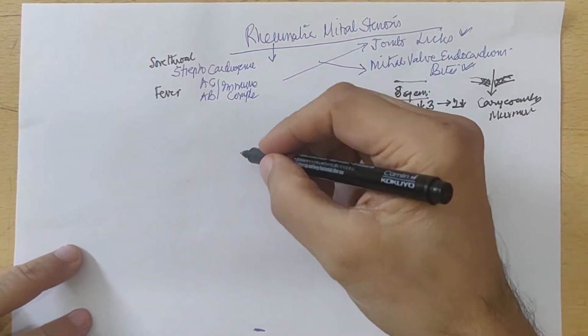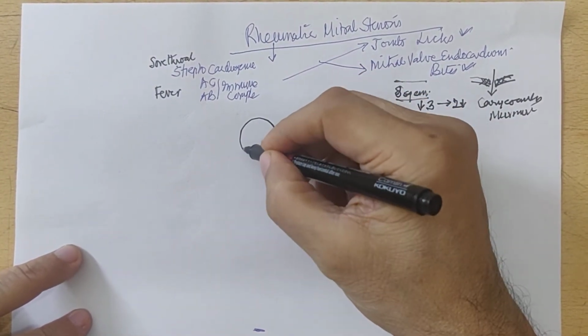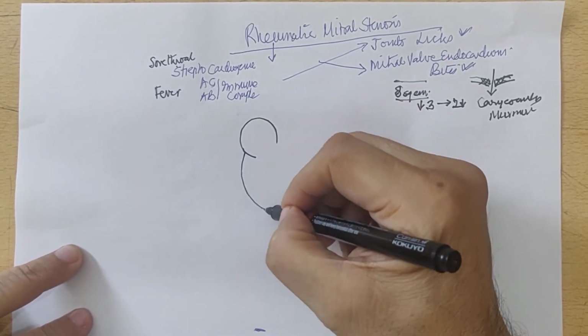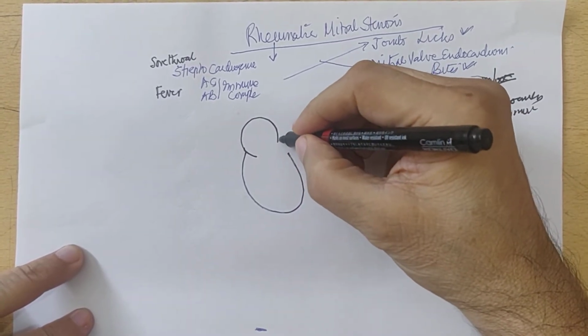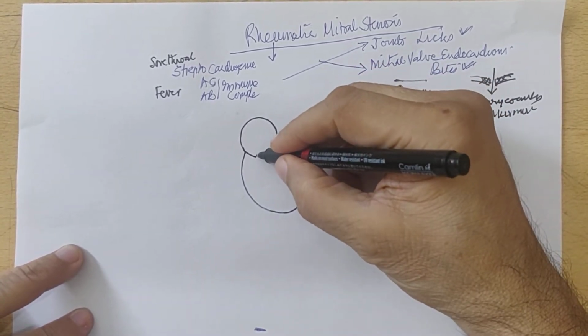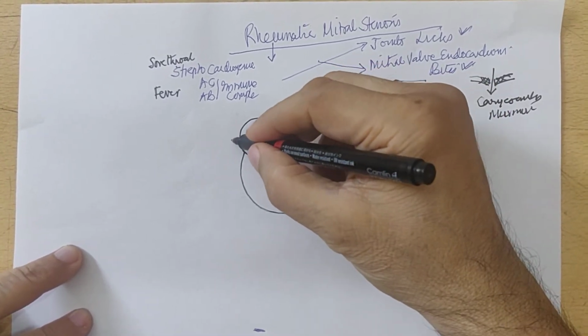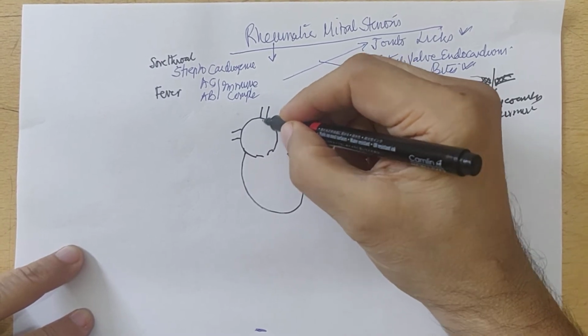So now let us draw the heart. This is the left atrium. This is the left ventricle. So here is the tricuspid valve, and it is getting its feed from the inferior and the superior vena cava, the atrium.